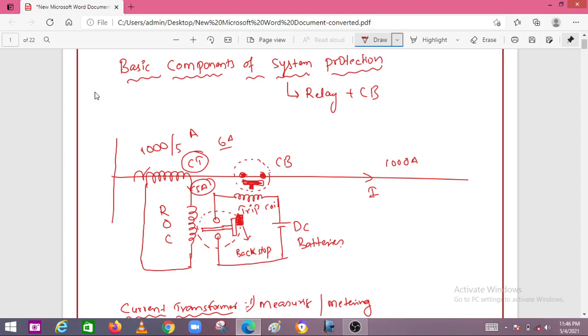So for example, let me say 10 ampere is a fault current which is flowing through this secondary side of the CT. Therefore this relay operating coil will be energized and it will attract this plunger, and this plunger will be moving in this direction because of the magnetic effect.